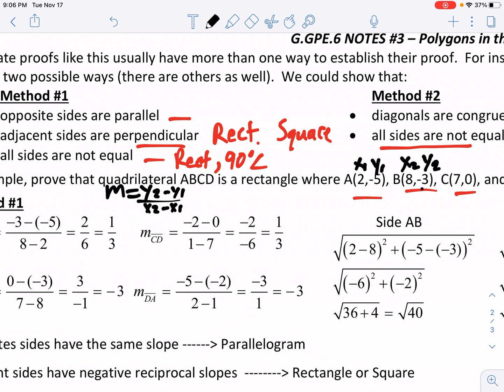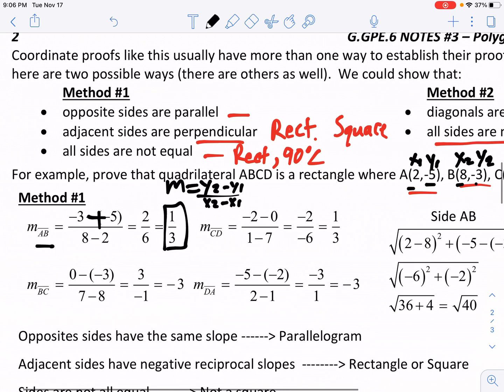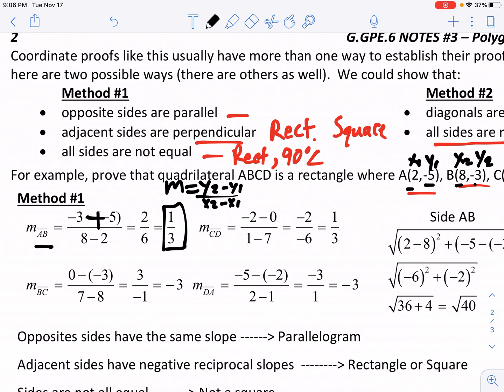Now remember, if we minus a negative, that turns into addition. Then we'd have 8 minus 2. Well, -3 plus 5 gives me 2. 8 minus 2 gives me 6, and we can divide a 2 from both of those, and we get 1/3. So the slope there, if we actually plotted our graph and did the rise over the run from A to B, it'd be 1/3.